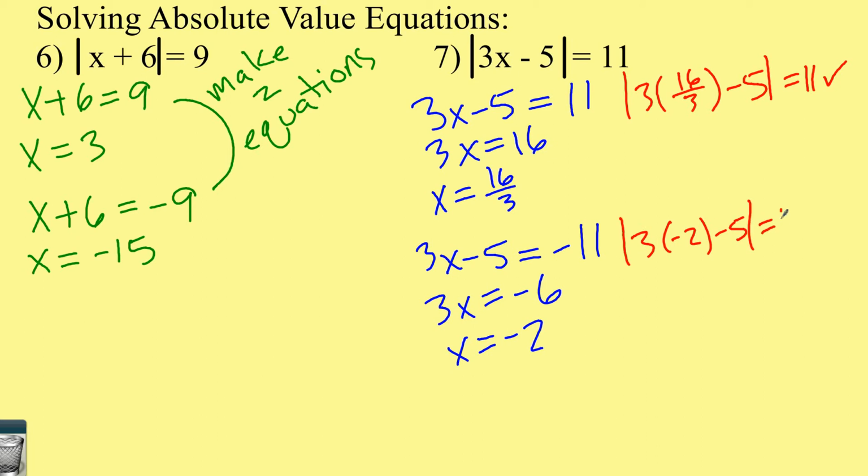Absolute value of that is 11. All right, so check your work. Okay, that's an easy way to see if you're right or wrong. Okay, so after this test, you should know how you did because you plugged it in and you know if it's right or wrong. Okay, that's what I love about it.